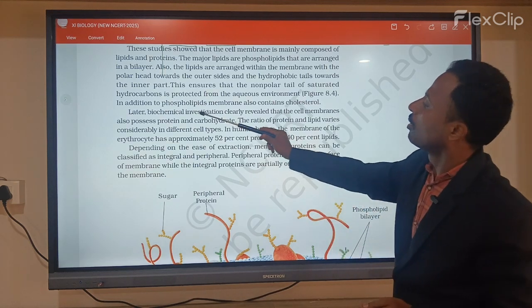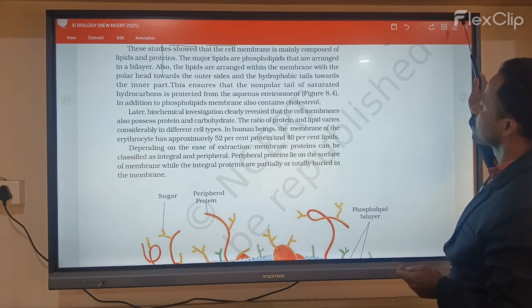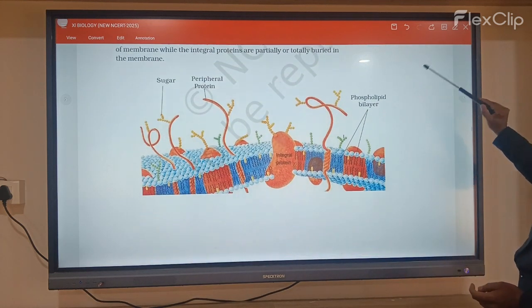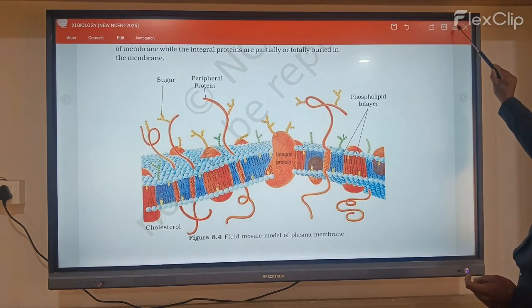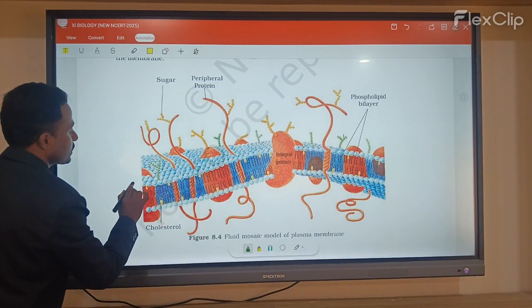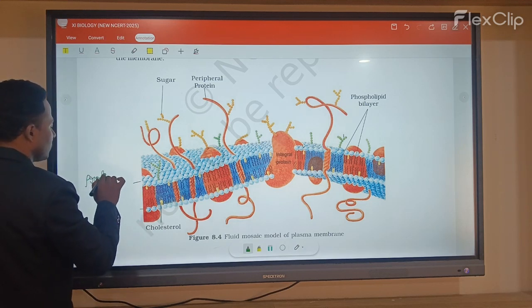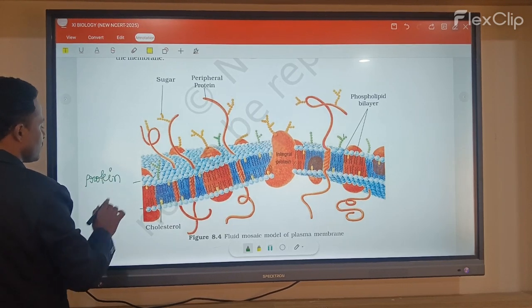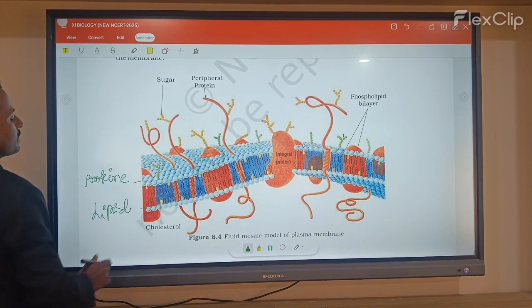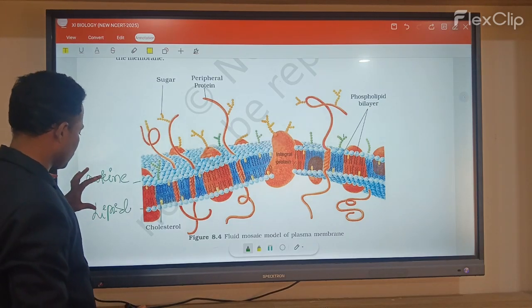In addition to the phospholipids, the membrane also contains cholesterol. See here, there are two layers present. One is the protein layer and one is the lipid layer. So it is a bilayer structure, of proteins and lipids.